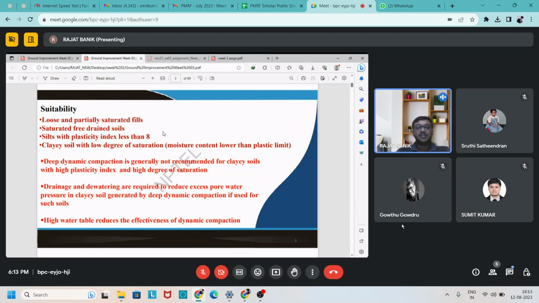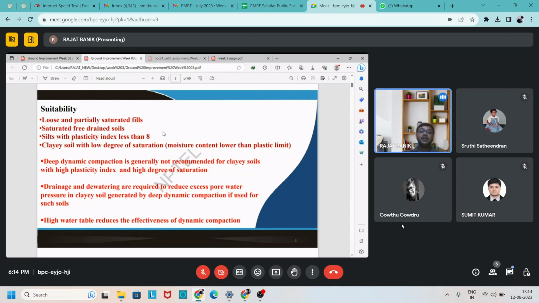But in clay soil this technique is not that effective. However, if the degree of saturation of the clay soil is low, that means in the dry season or summer, we can use this technique easily in clay soil also.